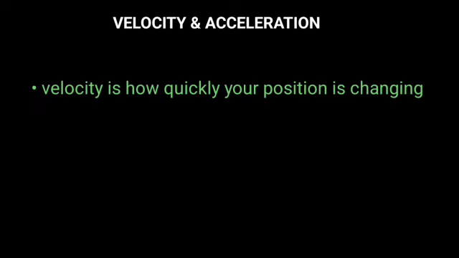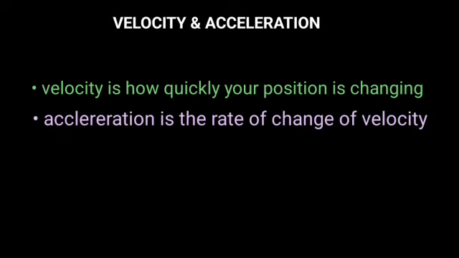Now let's say you're driving and you want to go faster, or maybe you need to slow down because of traffic. To change your velocity, either its speed or its direction or both, you need to accelerate. Acceleration is basically the rate at which your velocity is changing. If your velocity is increasing, you are accelerating in the direction of your motion. If your velocity is decreasing or you are slowing down, you are also accelerating but in the opposite direction to your motion.